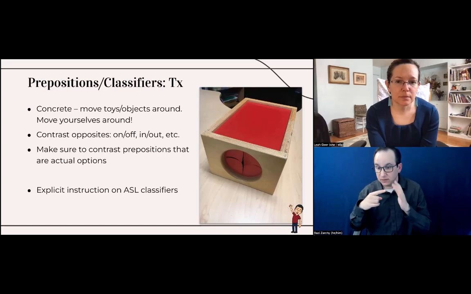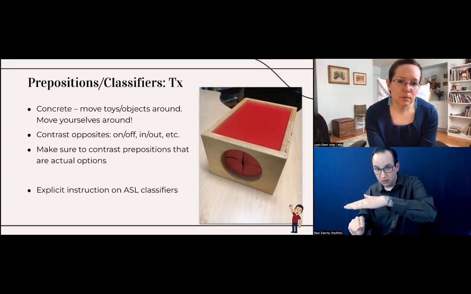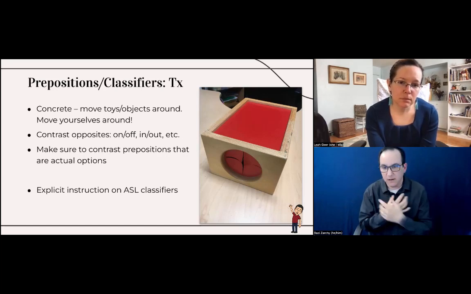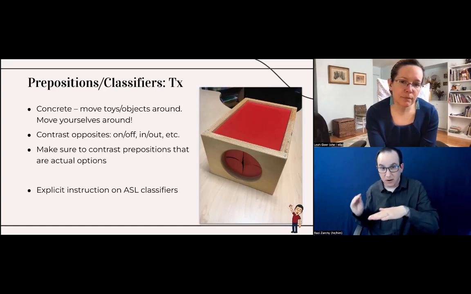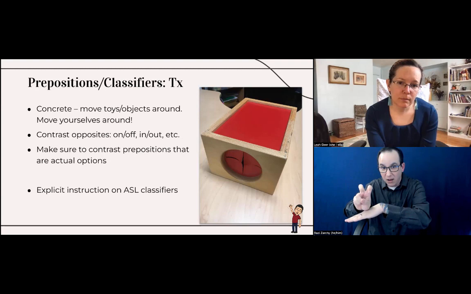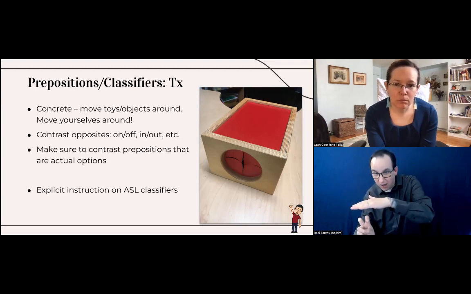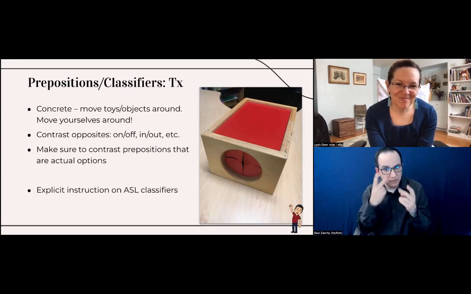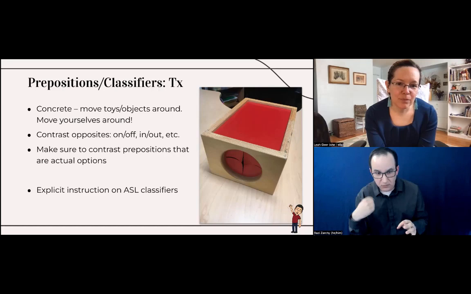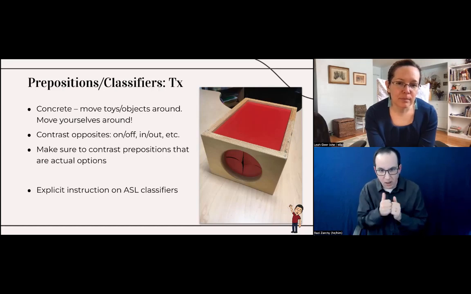And you could use classifiers to teach that. For example, showing something put underneath. Let's say you had a teddy bear. For example, if you say put the bear like this versus like this, which would be underneath, the language is very visual. It's very clear for them to see where that object needs to go.